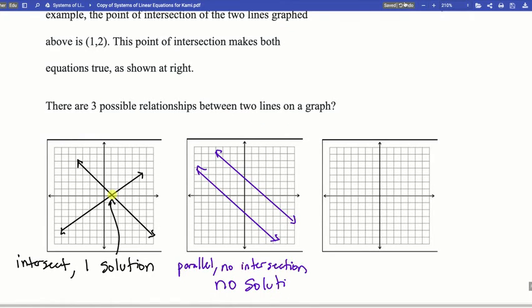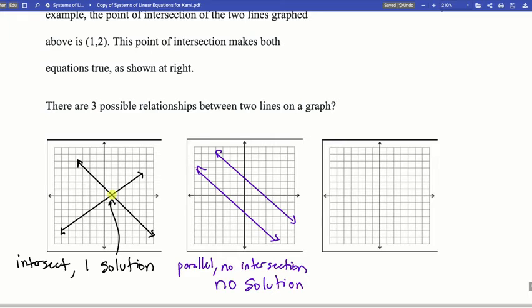Again, this is all in reference to the system. So there are no solutions to this system because they never intersect. No intersection means they have no common solutions. So because they have no common solutions, there are no solutions to that system.